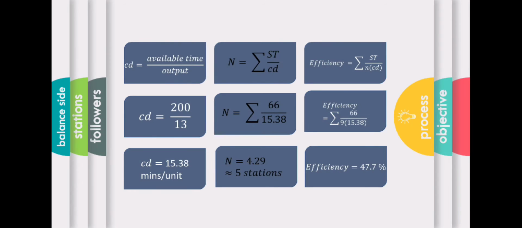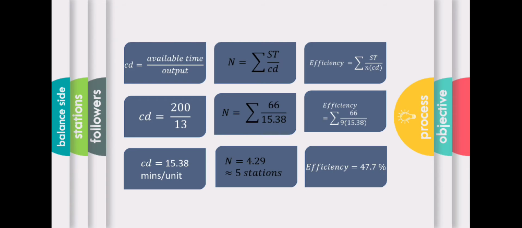Our next step is to calculate the theoretical minimum number of workstations. The formula used is N equals the summation of standard time over CD, which is the cycle time. Standard time is the total of the durations.